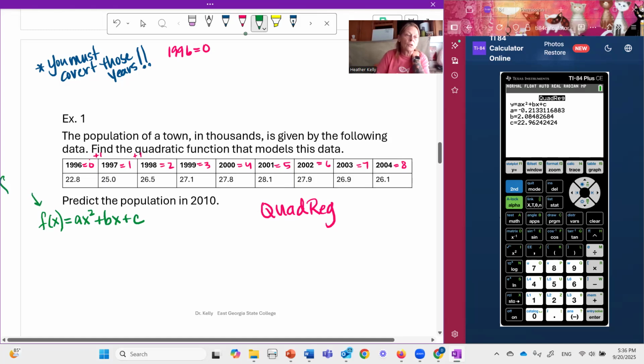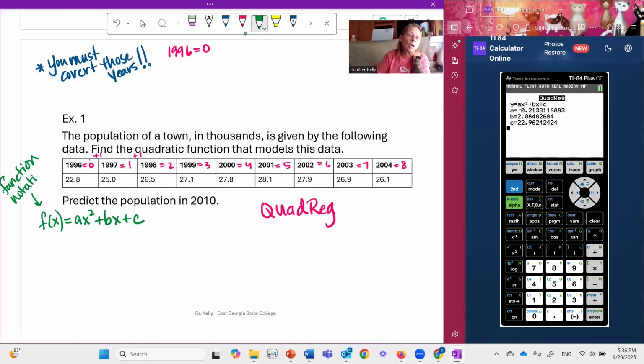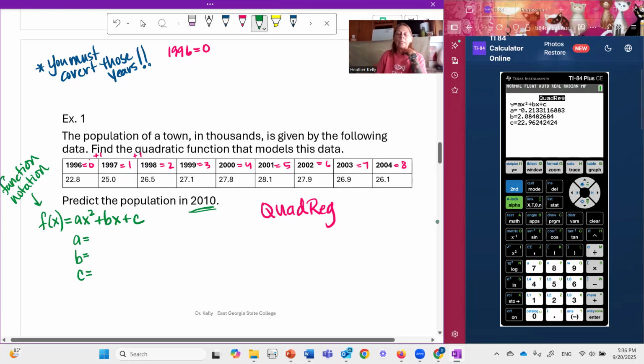We want it in function notation, because that way it's very clear where we plug in the number. So here it's going to ask us to predict the population that was in 2010. For this equation and this equation only, so for quadratic only, you'll have three things you'll get here. You'll have an A, a B, and a C.